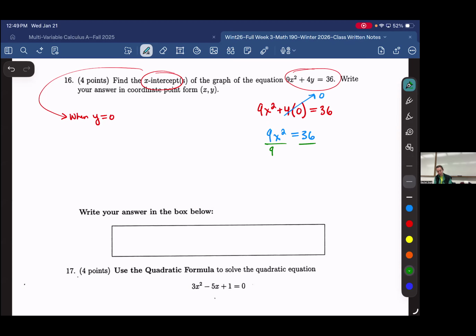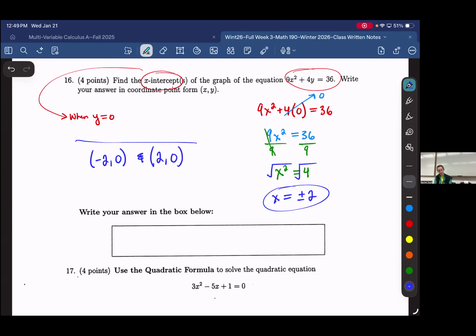Divide both sides by 9. And so we have x squared is equal to 4. Take the square root of both sides, and you get x is equal to plus or minus 2. So in coordinate point form, these are x-intercepts, so negative 2, comma 0, and positive 2, comma 0, and we're done.